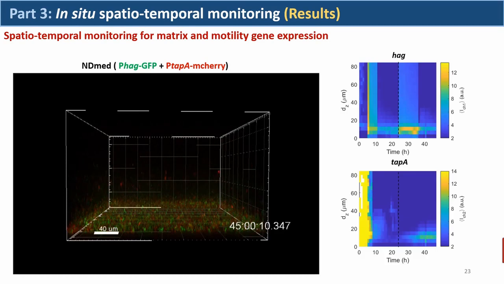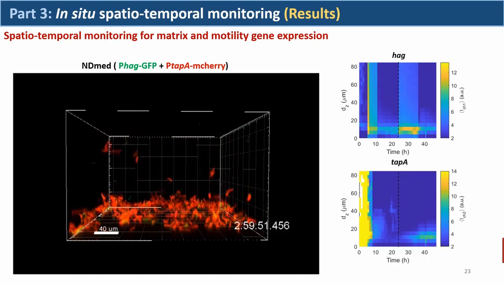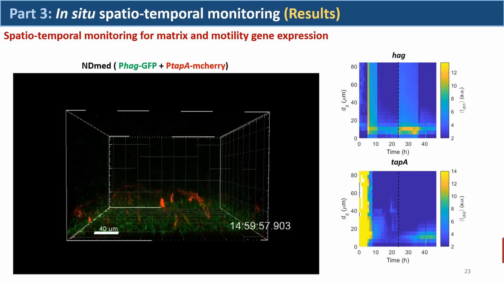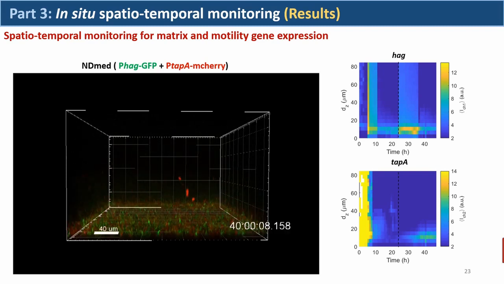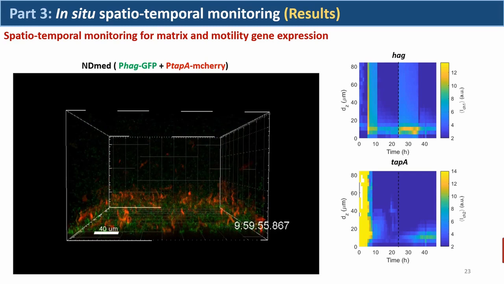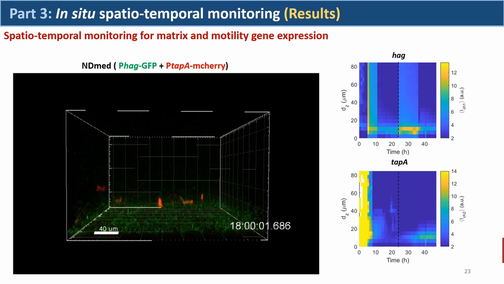To see it clearly, because it could be very fast, here is an illustration of a chemograph. This chemograph shows the intensity of the gene as a function of time and space. For HAG, for motility, at the beginning it was not highly expressed, and after 5 hours we have an explosion of these fragmented motile cells.